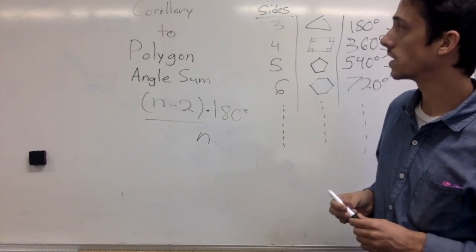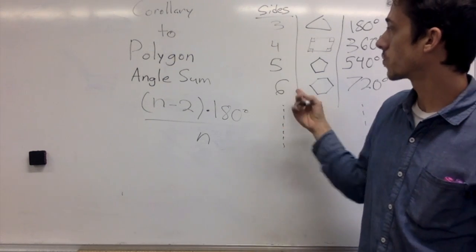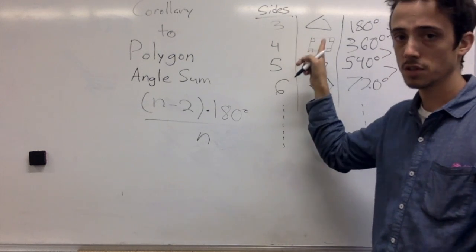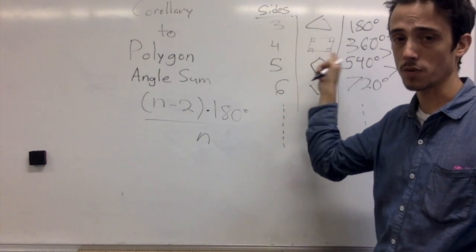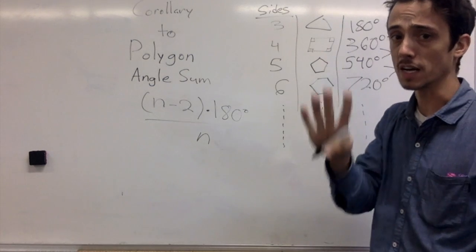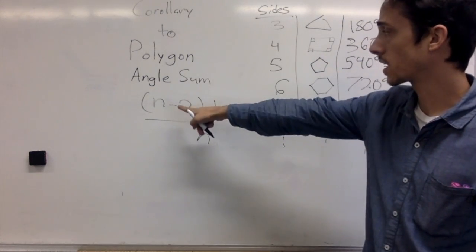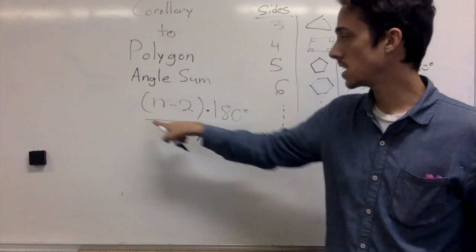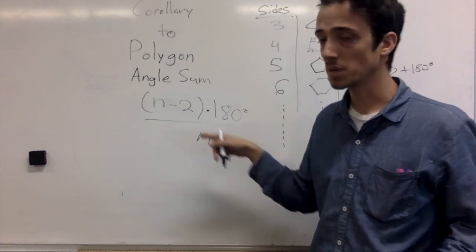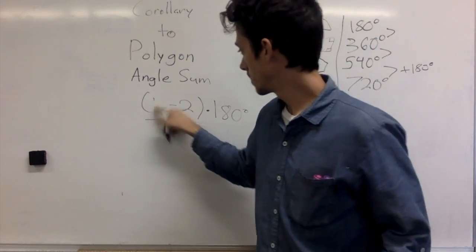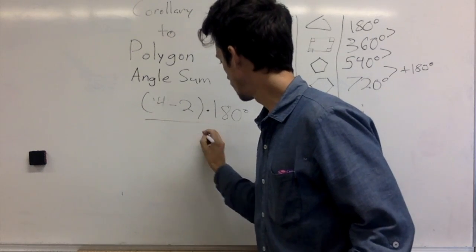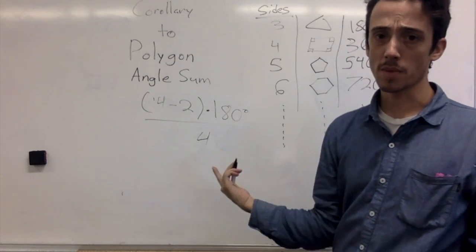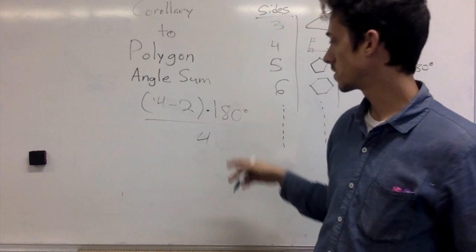So let's try this one out real quick. If we were trying to look for the ideal number of degrees in each of these corners for a regular 4-sided figure, we could check n minus 2 multiplying with 180, divide everything by n, but instead of n, put 4, because we're talking about a square. 4 minus 2 gets us 2.